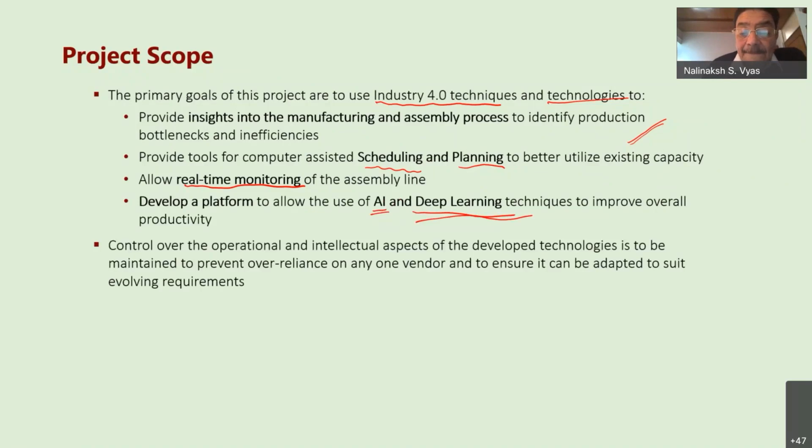It is also important that the control over the operational and intellectual aspects of these technologies has to be indigenous, and the ownership of the data and the ownership of the technology has to be that of Indian Railways.